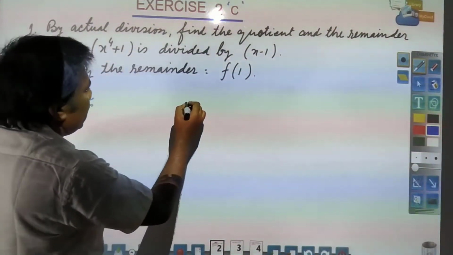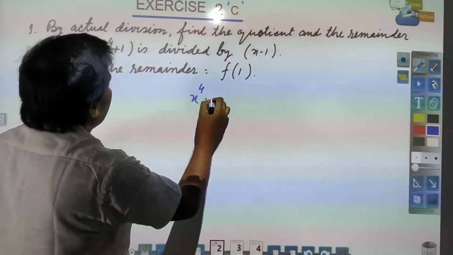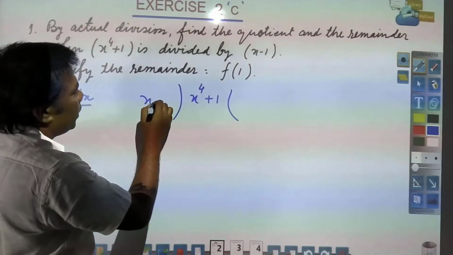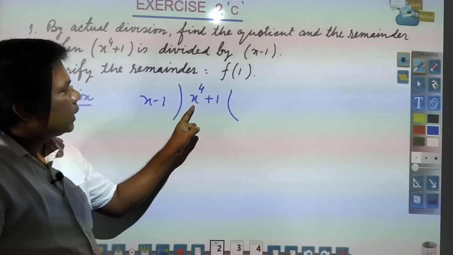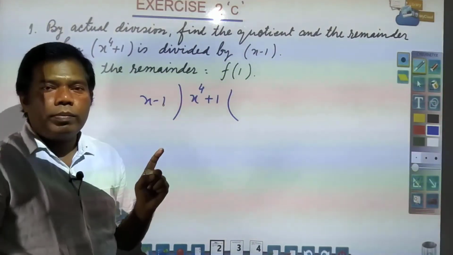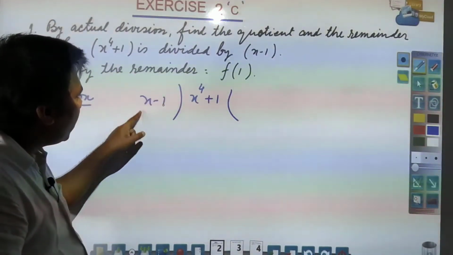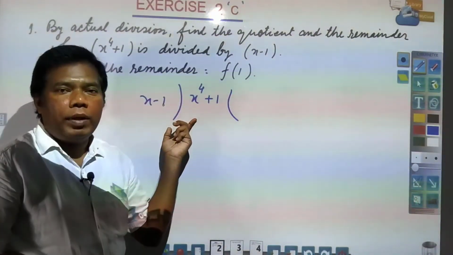Here you see your p(x) is x to the power 4 plus 1 and your g(x), your divisor, is x minus 1. Last day it was told that you look at the first term, x to the power 4. Now we need to see by which term x minus 1 should be multiplied so that this x to the power 4 can be eliminated.